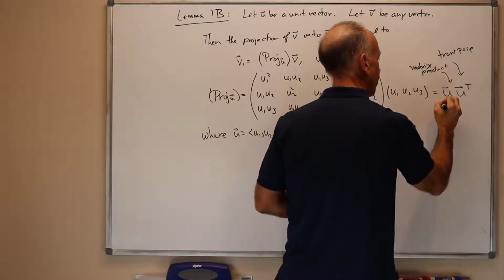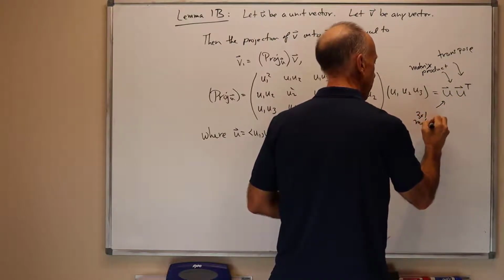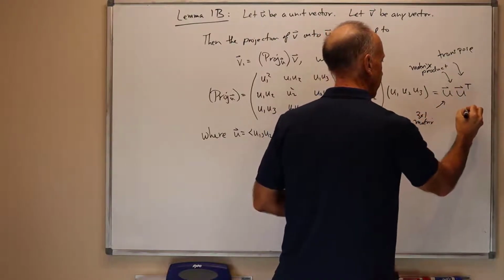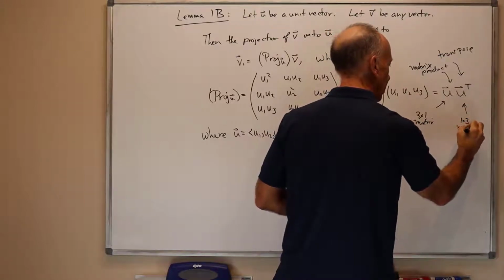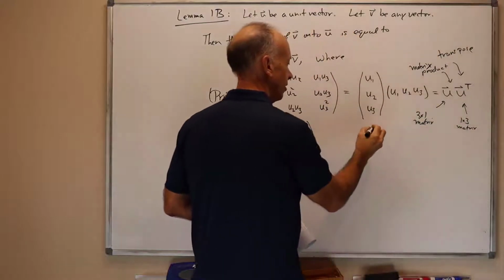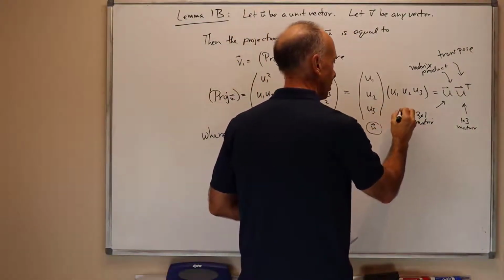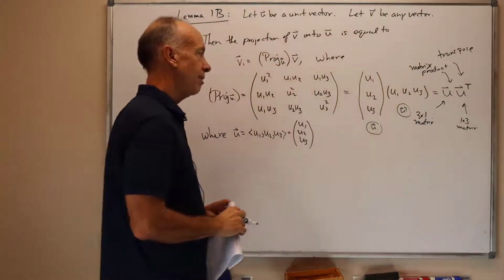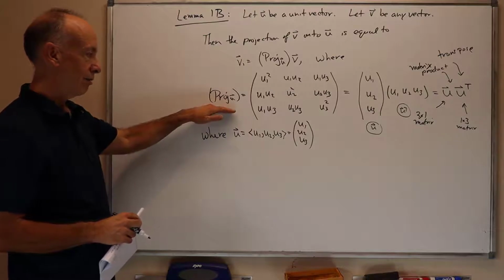We're thinking of u as a 3 by 1 matrix and u transpose as a 1 by 3 matrix. So this is u right here, and this is u transpose right here, and we're multiplying them as matrices to get proj sub u.